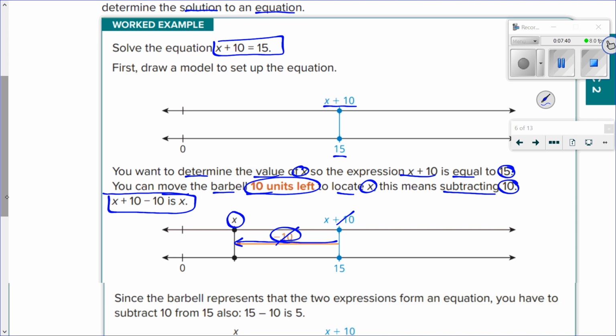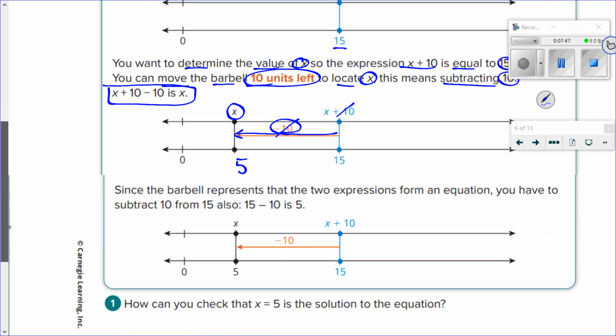I take 15, I subtract 10, and what do I get? I moved the entire barbell 10 spaces to the left. So not only did I get rid of the plus 10 to leave x by itself, I also take the 10 from the 15 to give us 5.